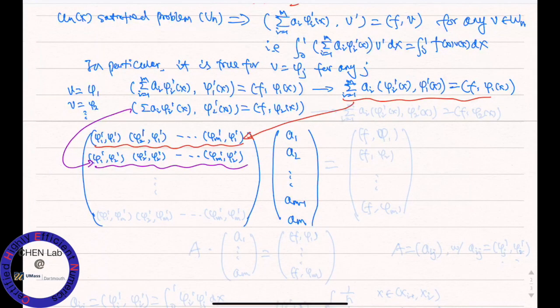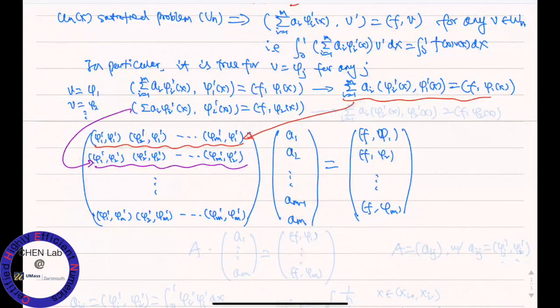If we continue, if we let our j to be m, we get that this is phi 1 prime with phi m prime, phi 2 prime with phi m prime, all the way to phi m prime with phi m prime. The right hand side, that's f with v, so the first entry is f with phi 1, f with phi 2, all the way to f with phi m.